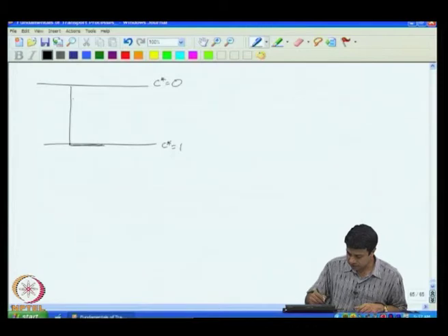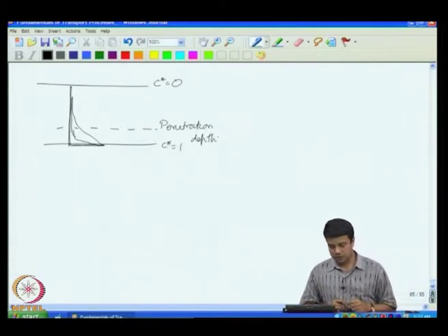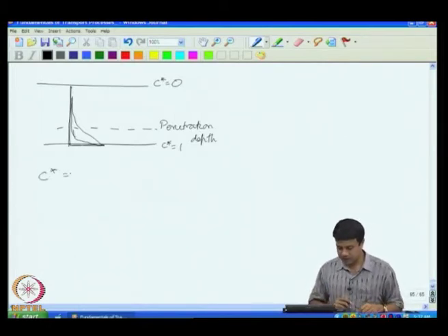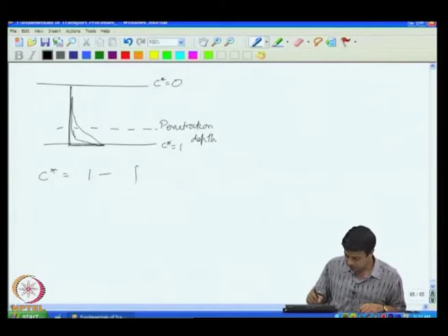You start off initially with this profile, then you had a profile like this where the penetration depth was small compared to the total height. It's exactly the same equation, and I can write down the solution: C star is equal to 1 minus integral 0 to z by root D t of d psi prime e power minus psi prime square by 4, by integral 0 to infinity.